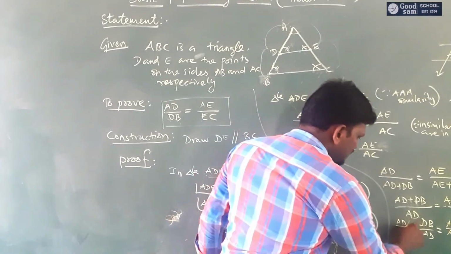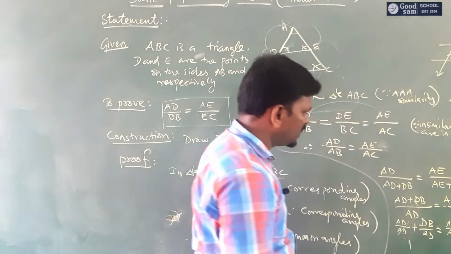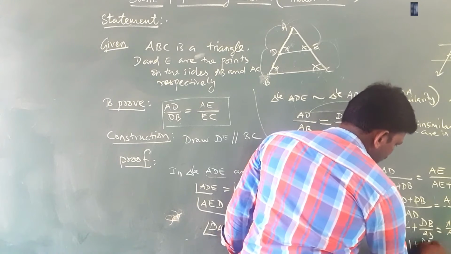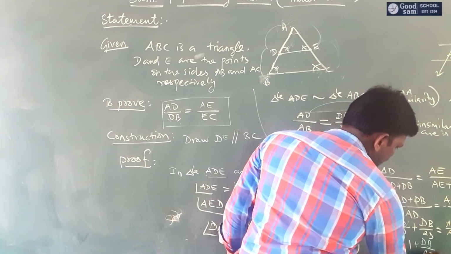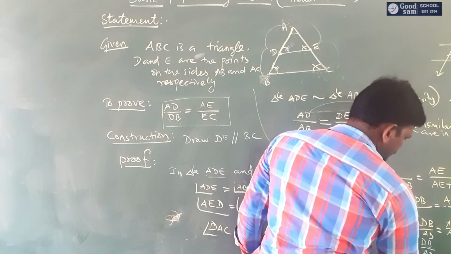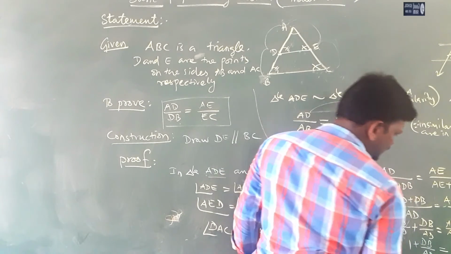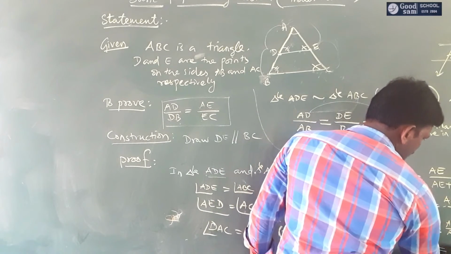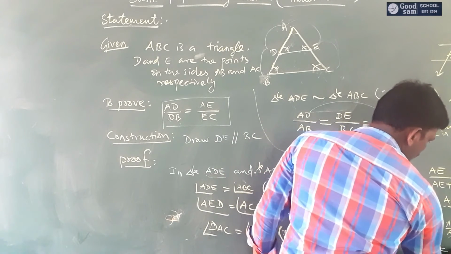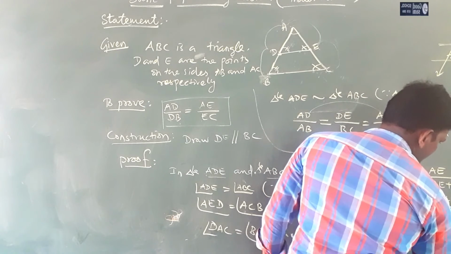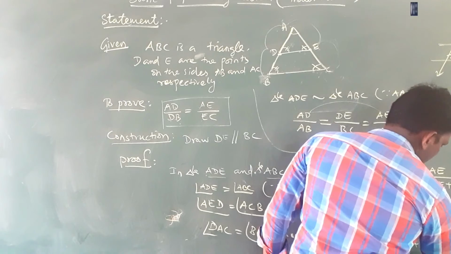So now this is 1 plus DB by AD is equal to 1 plus EC by AE.